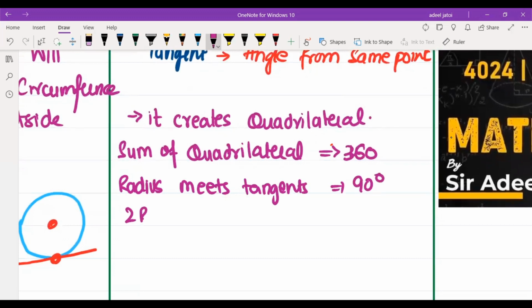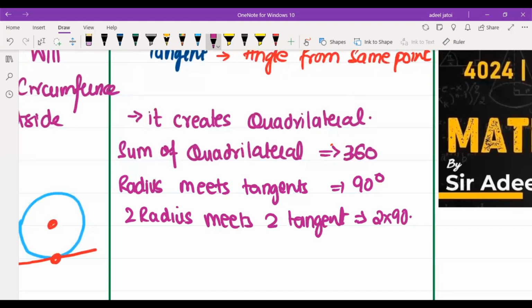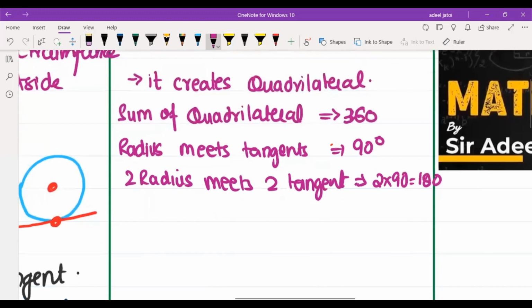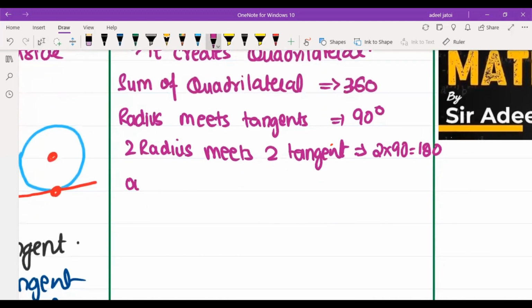So when two radii meet two different tangents, it will create two 90 degree angles. So the sum will be equal to what? 2 into 90 degrees should be equal to what? 180 degrees.